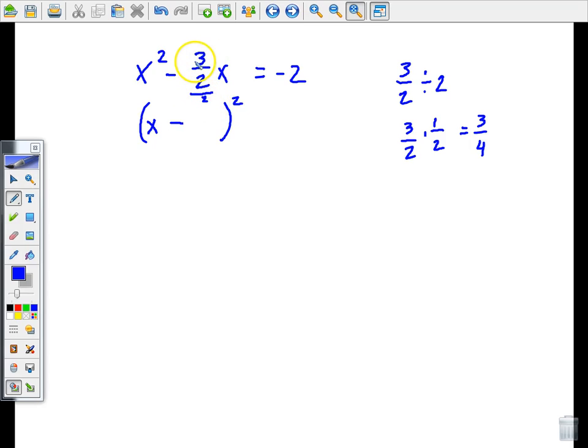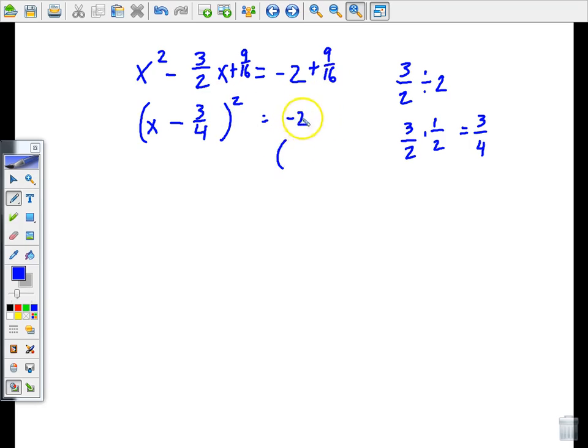So 3 halves divided by 2 is 3/4. So just think of multiplying the denominator only by 2. All right, so now we look at negative 3/4 squared, and that's 9/16. I'm adding 9/16 to both sides.